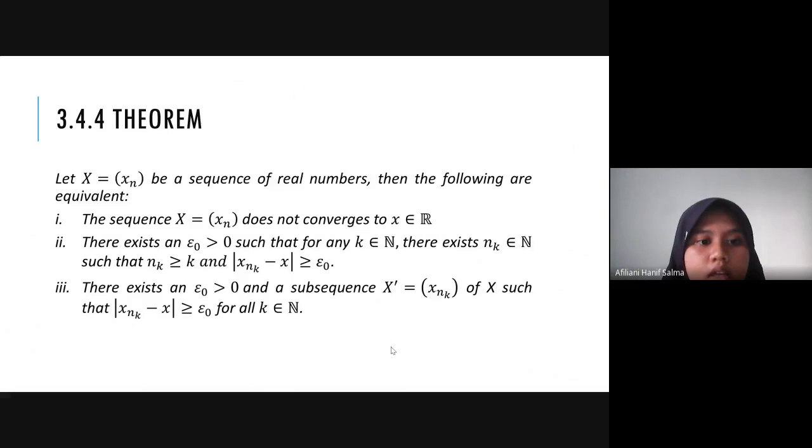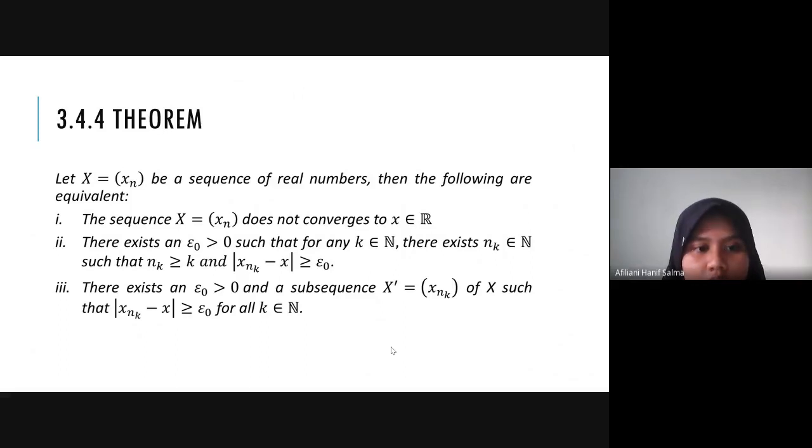First, the sequence X = (x_n) does not converge to x in R. The second, there exists an epsilon_0 greater than 0 such that for any k in natural numbers, there exists n_k in natural numbers such that n_k is greater than or equal to k and the absolute value of x_{n_k} minus x is greater than or equal to epsilon_0.